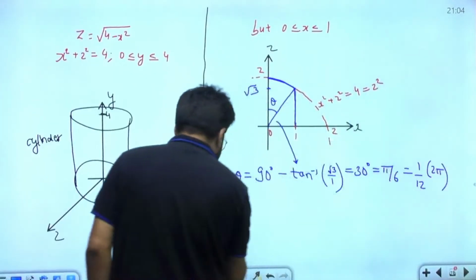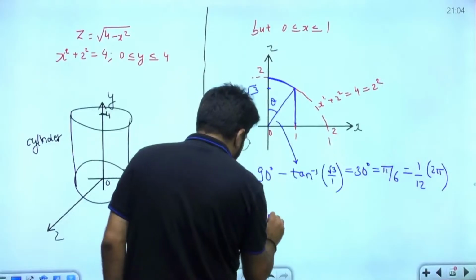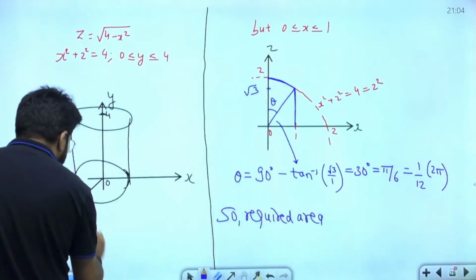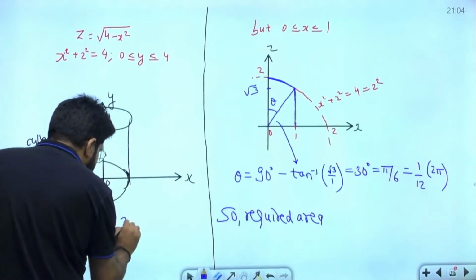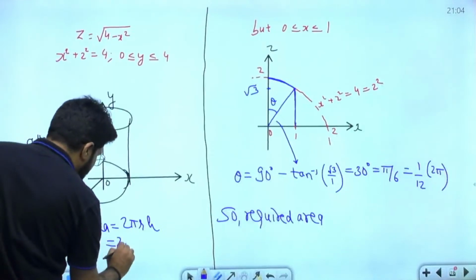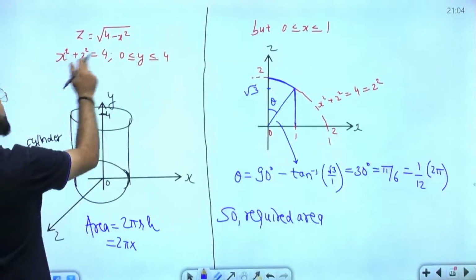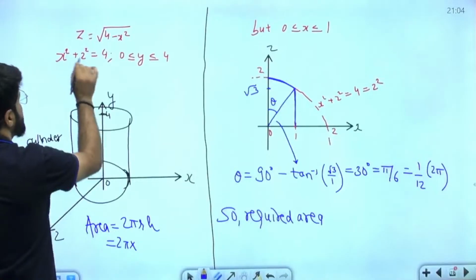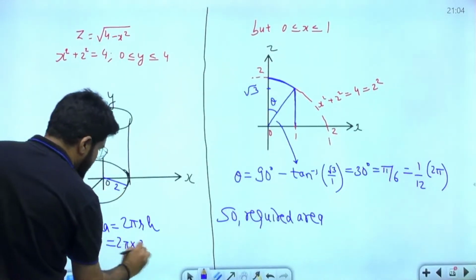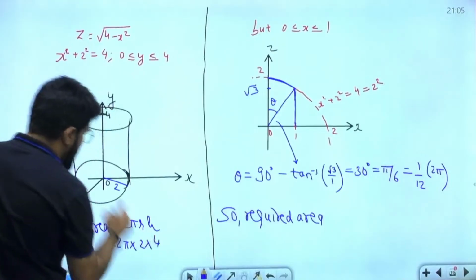Now see why I have applied this approach. Can you write down the area of this cylinder? The surface area of a cylinder is 2 pi RH. What is the radius? X square plus z square equal to 4, so the radius of the base is clearly 2 units. And the height is 4, since y is 0 to 4.